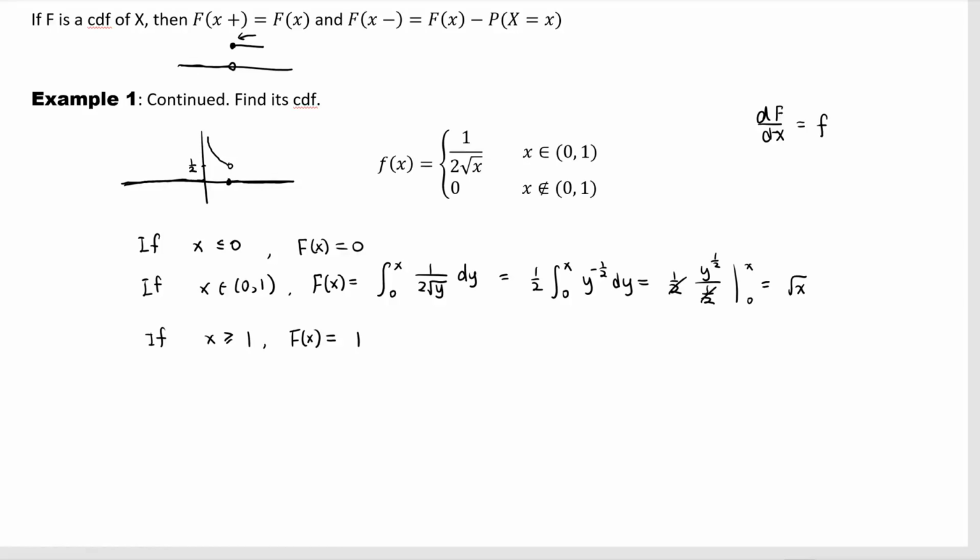So capital F of x just stays at 1. Let's summarize. F of x is 0 if x is less than or equal to 0, square root of x if x is between 0 and 1, and 1 if x is greater than or equal to 1. So that is the CDF.